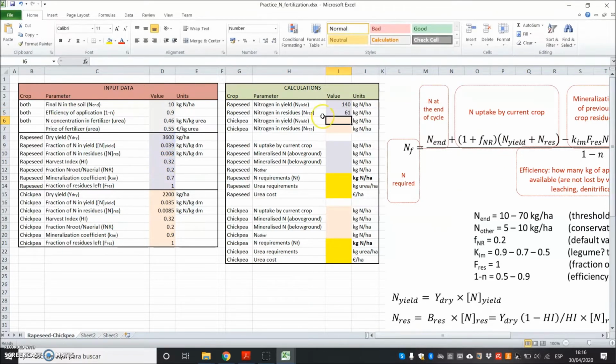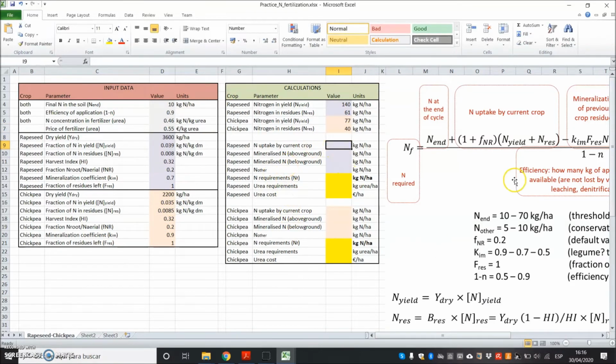Then we repeat the same operation for chickpea. Residues. Harvest index, which in this case is the same in this example.